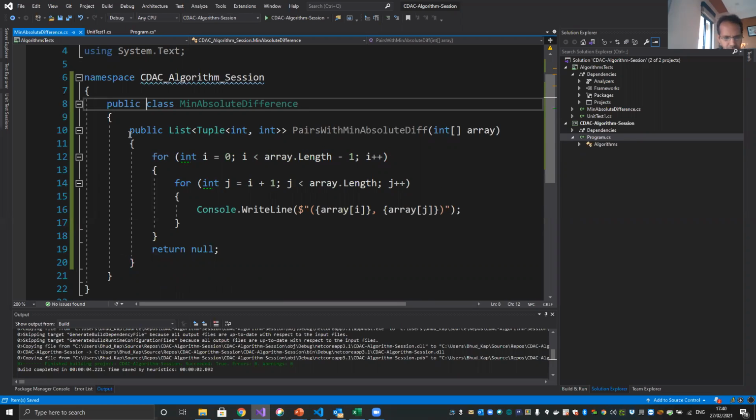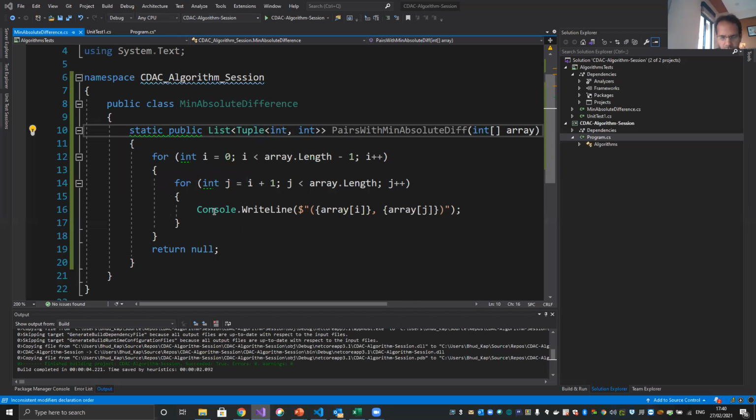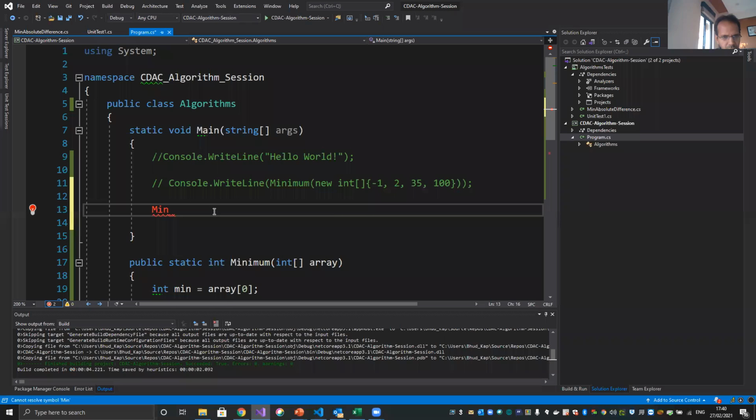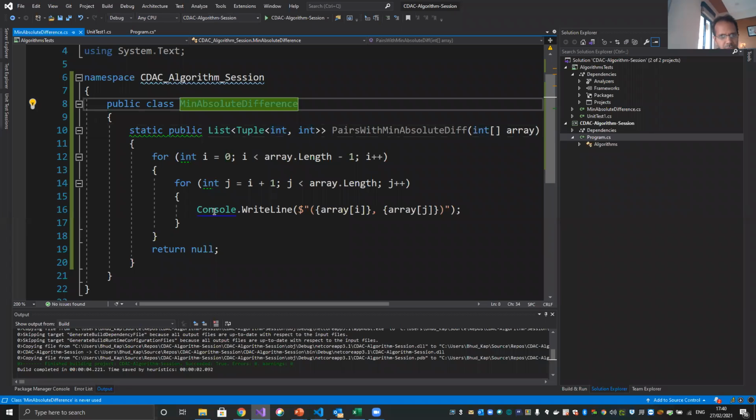Let's make it static so that we don't have to instantiate the object. Oh, sorry, it's called min absolute difference.